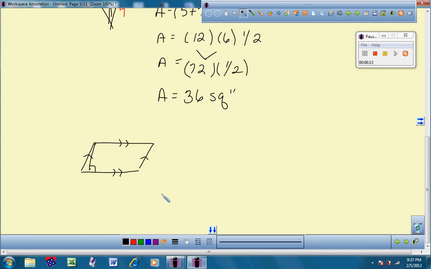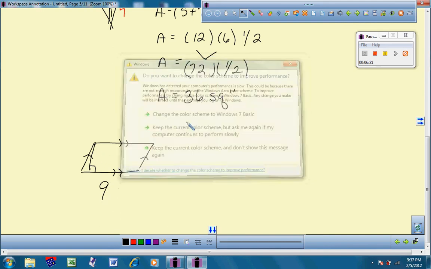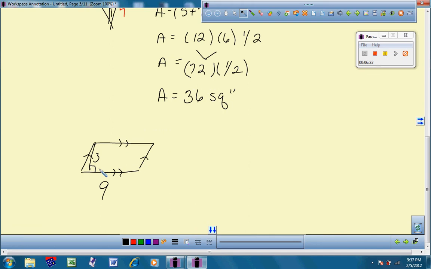Let's go with a base of 9 and a height of 3, and say 9 centimeters and 3 centimeters. The area of a parallelogram is equal to base times height.